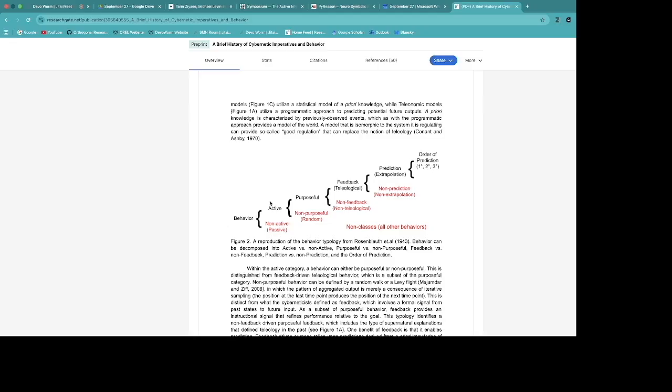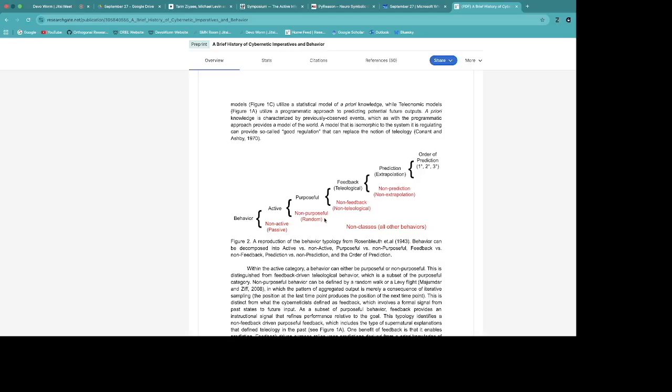For example, you have active behavior, and then you have passive behavior, but passive behavior includes all non-active behaviors. So anything that's non-active is in this category. The same for purposeful. If it's purposeful, it's in this line leading up to order of prediction. And if it's non-purposeful, it's just this non-category of random behaviors.